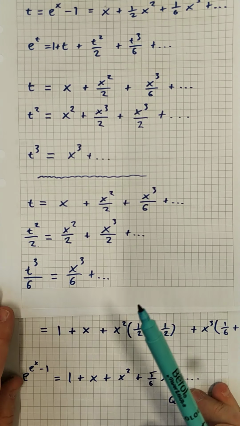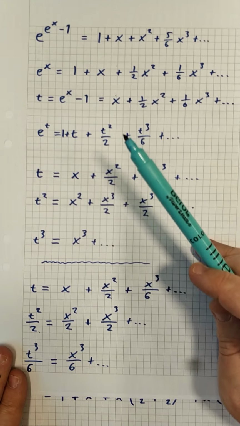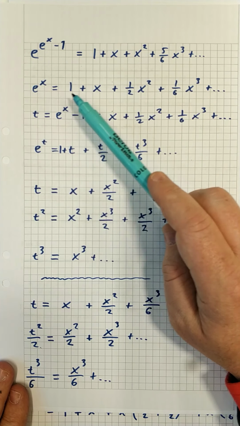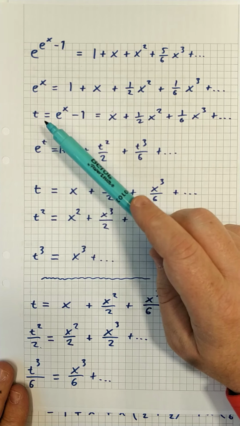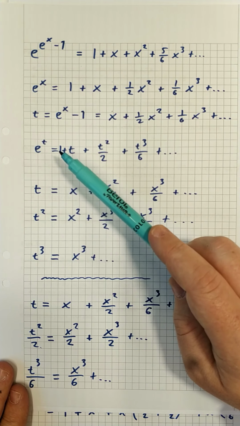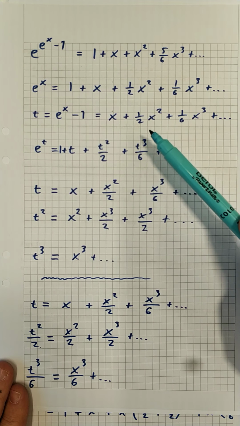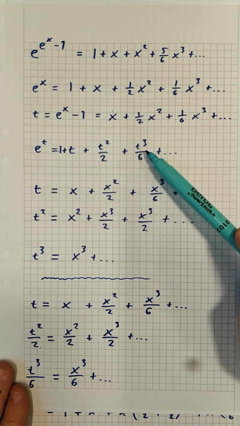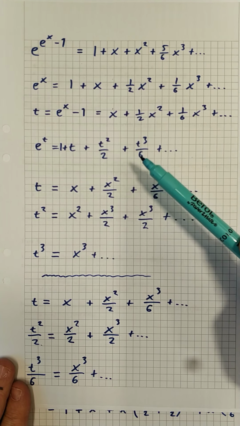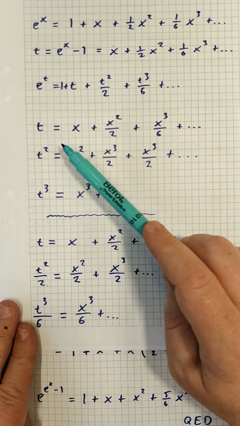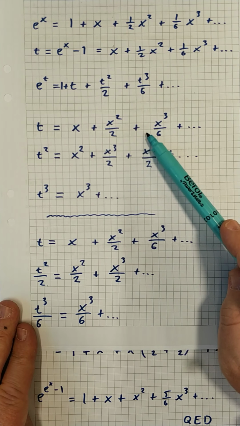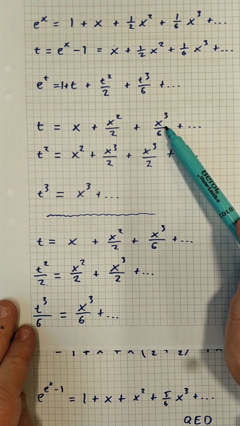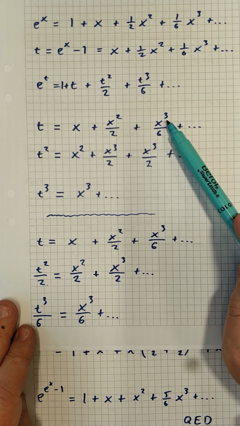Let's review what we actually did. We expanded e to the power of x, we introduced t, and expanded e to the power of t. And then we tried to figure out what t, t squared, and t cubed are. And we got those by consistently ignoring anything of higher order than 3 when it comes to x.